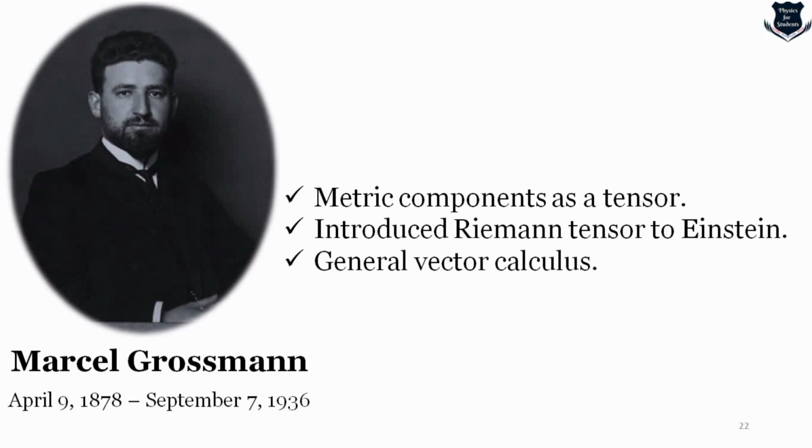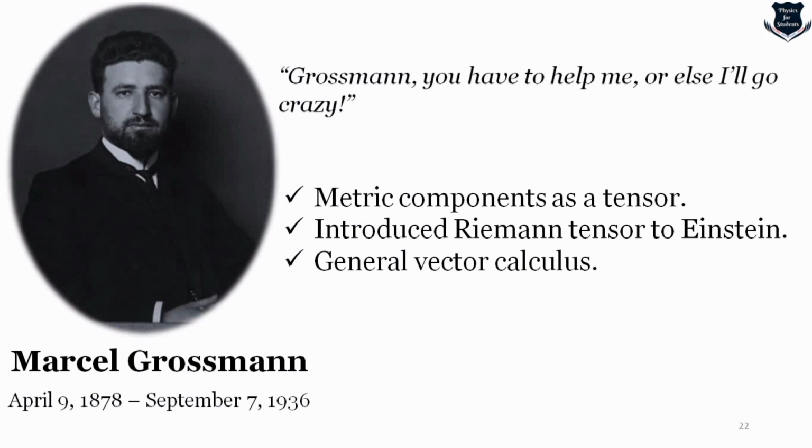We will soon see in a very emotional letter how Albert Einstein expresses his gratitude to Marcel Grossmann for the way he introduced and taught vector calculus, especially Riemannian geometry, to Einstein. This is a very famous quote from when Albert Einstein was trying to work things out in general relativity. He told Grossmann, you have to help me or else I will go crazy.